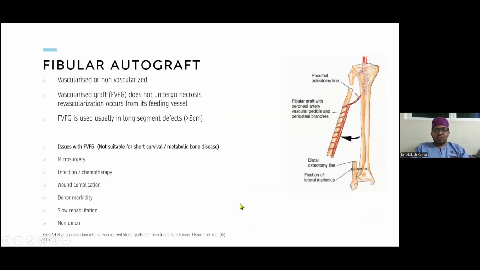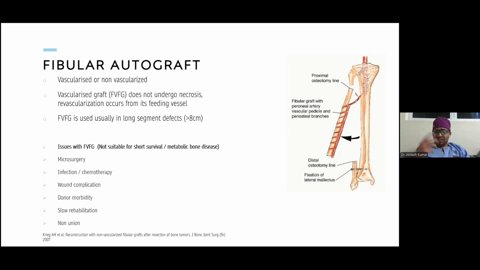Next option of a biological reconstruction is actually the usage of a fibula autograft. Now, this fibula autograft can be either vascularized or non-vascularized, usually depending on the size of the defect or what we want to achieve in the reconstruction. Vascularized fibula autografts are usually used in long segment defects about 8 cm and above. But the issue with this is that it requires microsurgery, so we might need the help of our colleagues from the hand and micro unit or the vascular surgeons.